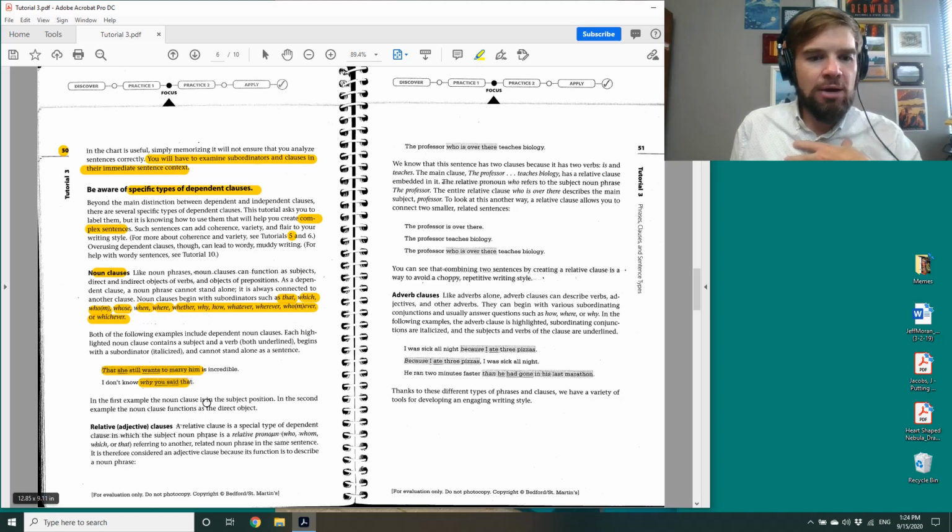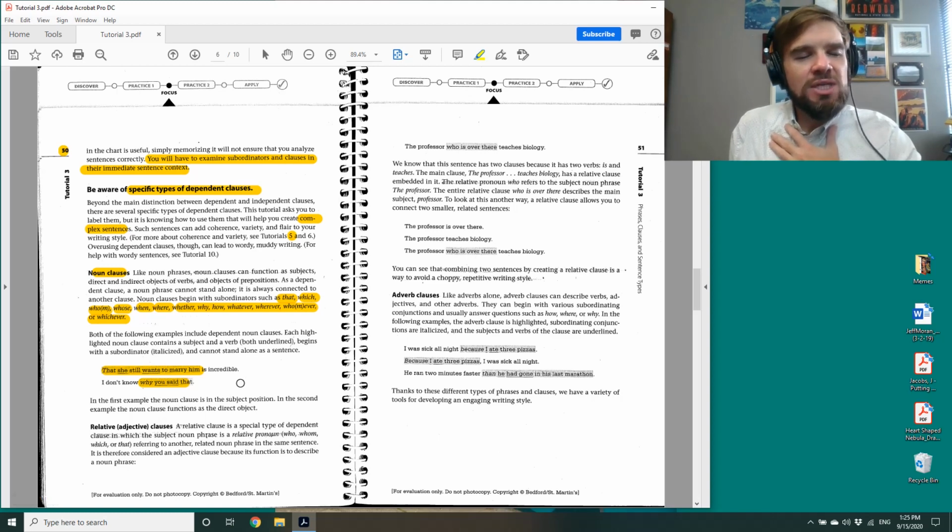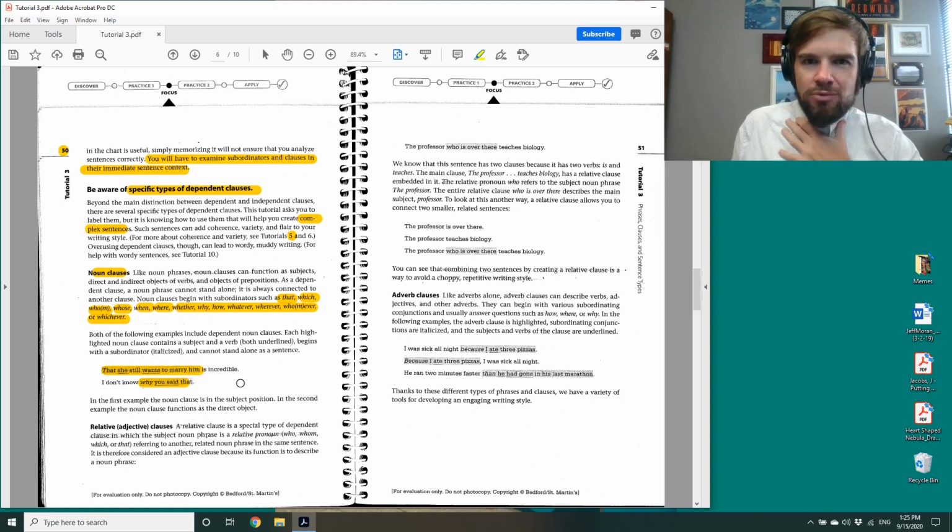In the first example, the noun clause is in the subject position. In the second example, the noun clause functions as the direct object. And we'll get more practice with this. But again, if this is confusing or you don't understand what you just read, pause it, reread it, write down a question to email or to bring to one of our online meetings, and we can talk about it later. But still, go slow, think about it, okay?